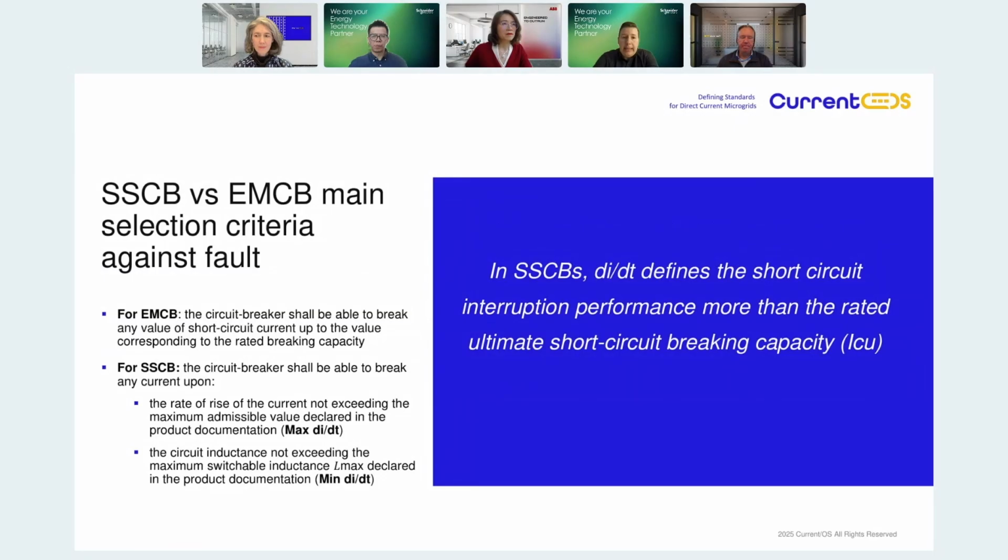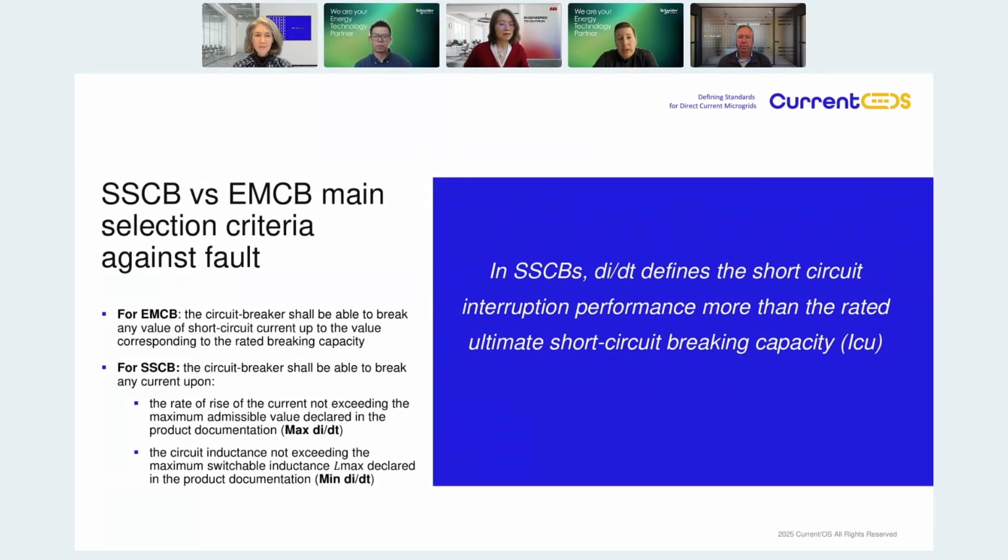When we select a solid-state circuit breaker in a DC distribution system, we have to follow different criteria instead of the traditional criteria we use to select a traditional electromechanical circuit breaker. Because in AC, but also in DC, we select the breaking capacity of the electromechanical circuit breaker according to the so-called prospective maximum short circuit current.